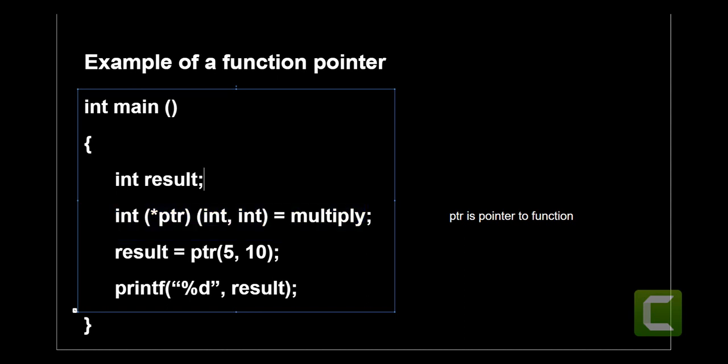So here we have our function called multiply, and if you just call it like this on the right, it will simply get the address of multiply, which is our function, and assign it to our function pointer, which is called ptr. And when we now want to use the function multiply, we simply use the function pointer, which will go ahead and pick whatever code is there and run it.